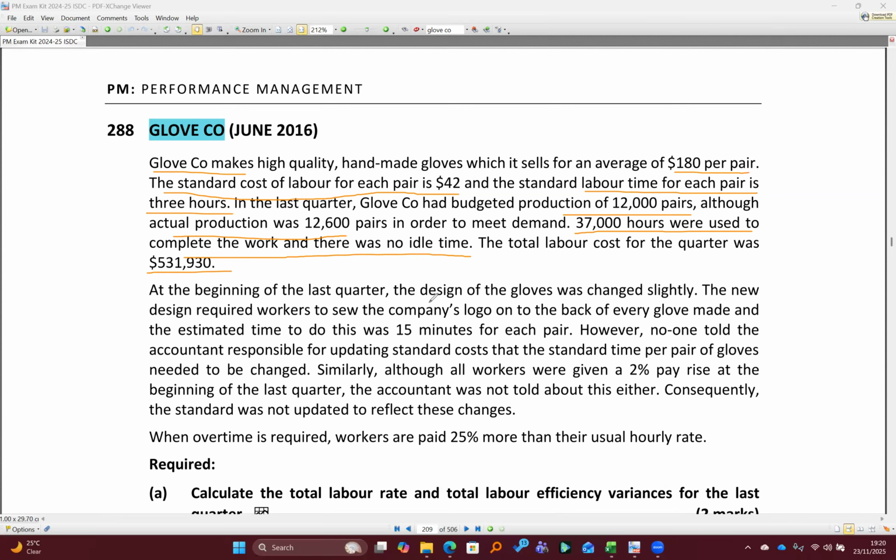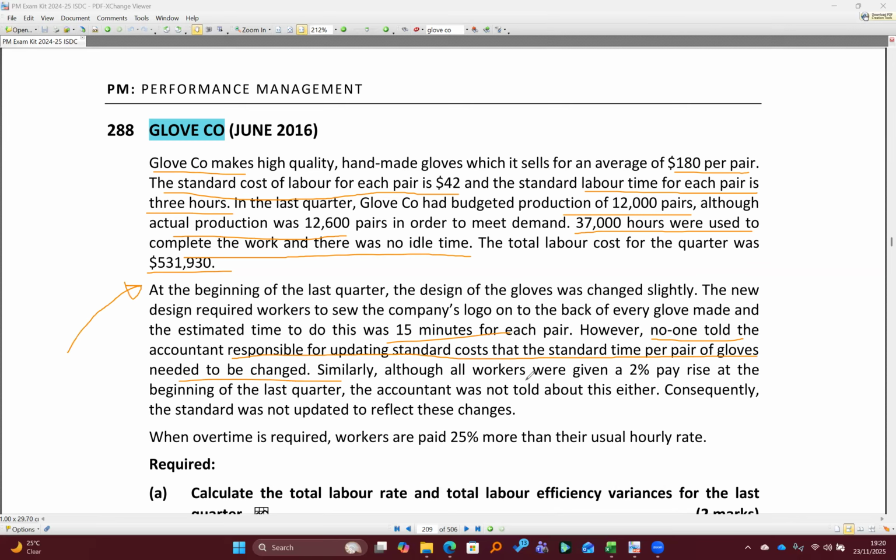At the beginning of the last quarter, the design of the gloves was changed slightly, so this is important. The new design required workers to sew the company logo onto the back of every glove made, and the estimated time to do this was 15 minutes for each pair. However, no one told the accountant responsible for updating standard costs that the standard time per pair of gloves needed to be changed.